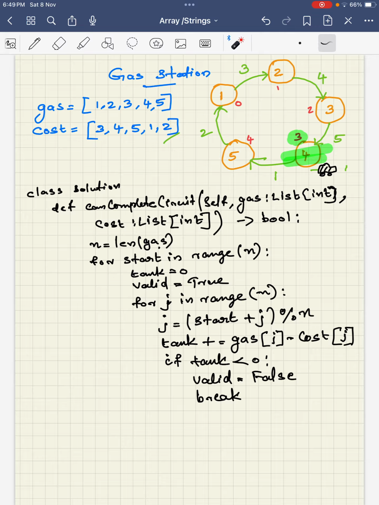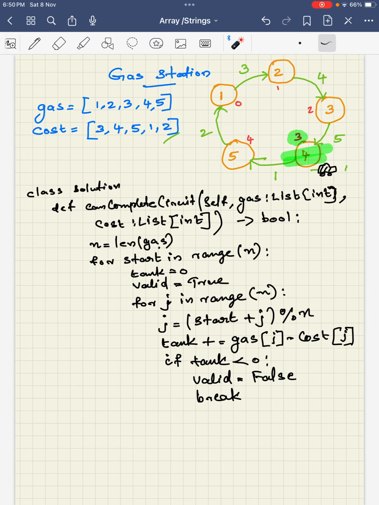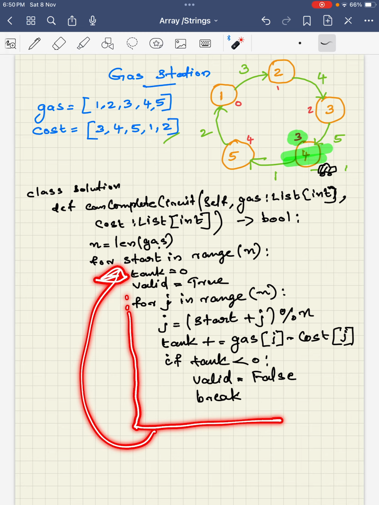What this will do is break from this loop and take the control to here, whatever remains after this loop.